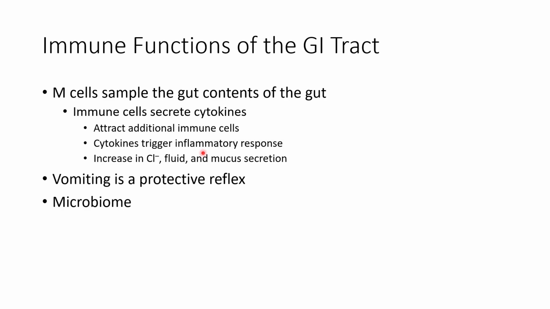Or you get severe cramping that tells it this is not good, and that triggers the vomiting reflex, and we release that out. And there's a lot of new evidence that shows that the bacteria that we have in our gut, called the microbiome, play a large role in our overall immune function and health, and they can also secrete compounds that protect the body from pathogens as well.